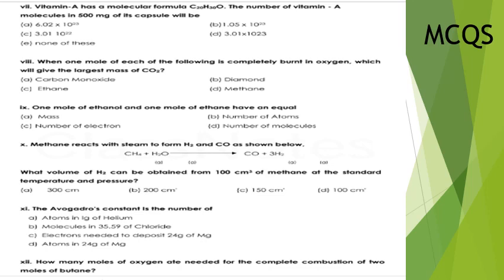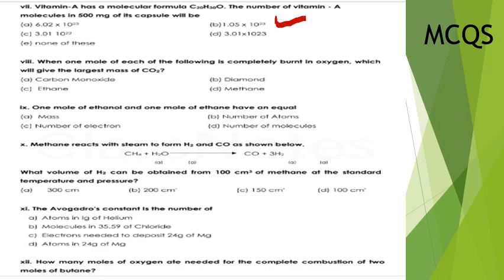We say by means of the formula, that is number of molecules is equal to given mass over molar mass multiplied by Avogadro's number. Avogadro's number is 6.02 × 10^23. The molar mass is what we will calculate. The mass that you got will be 0.5 grams. So calculate it, you will get your answer, and the answer is 1.05 × 10^23. You can calculate it, right?